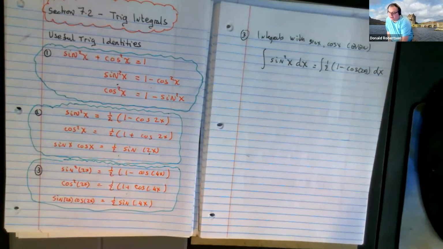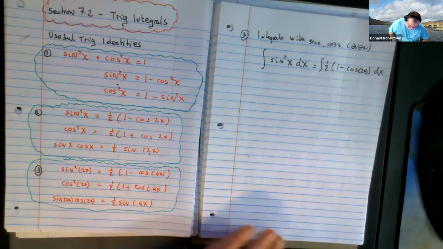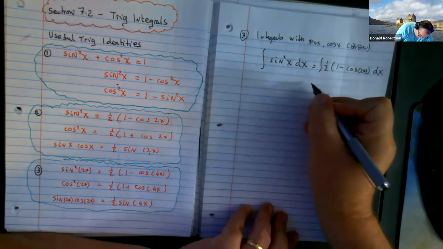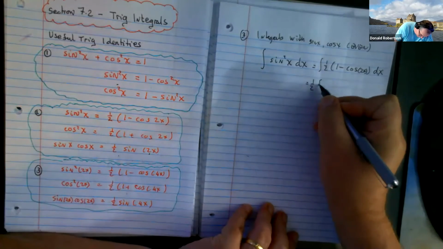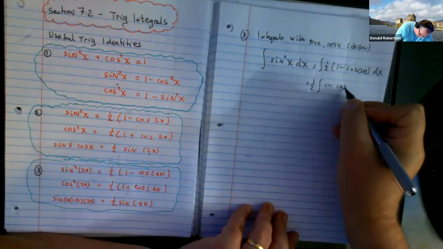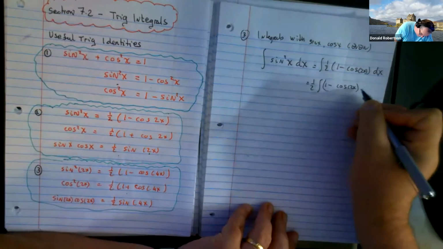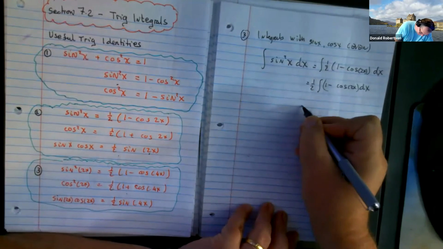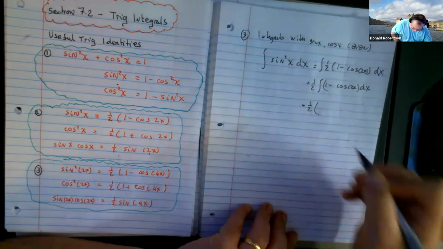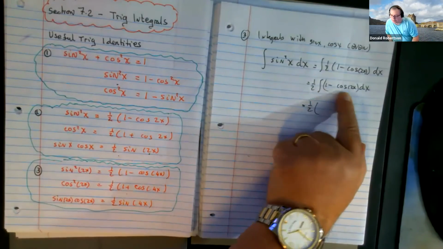Well, you accept that that identity is true and therefore I'm allowed to do it, right? I'm then going to pull out the half because I think it's an annoyance. And I'm pretty much finished. I don't need U-subs to do this.